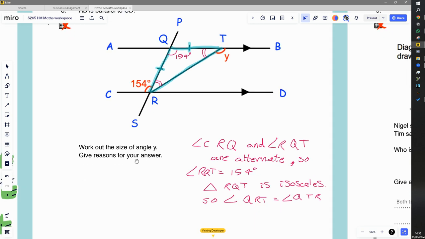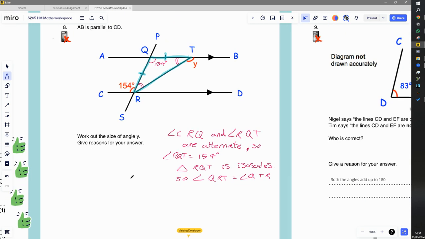And then we could talk about angles in a triangle, but I think we could just say that angle QRT plus angle QTR plus angle RQT equals 180 degrees.